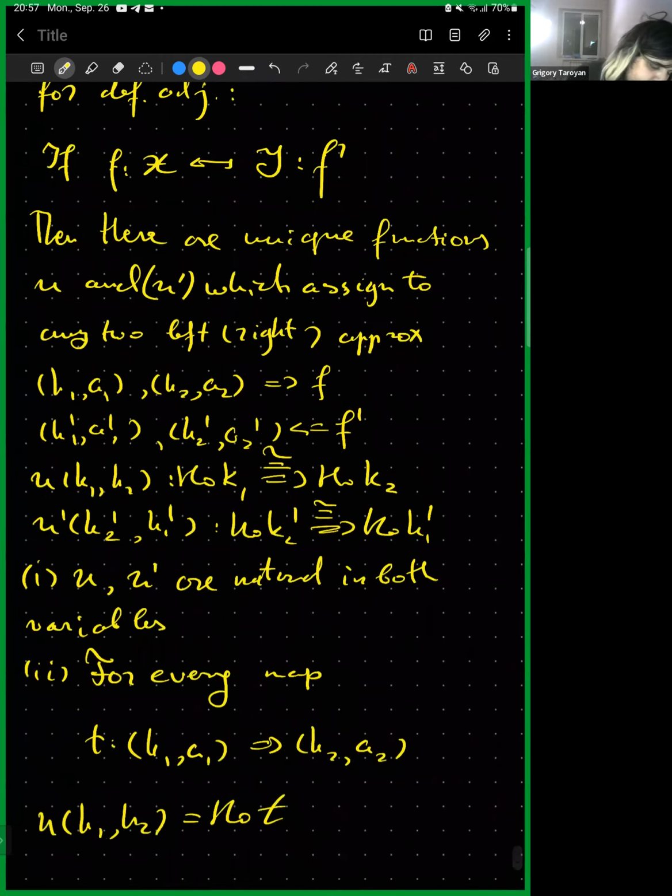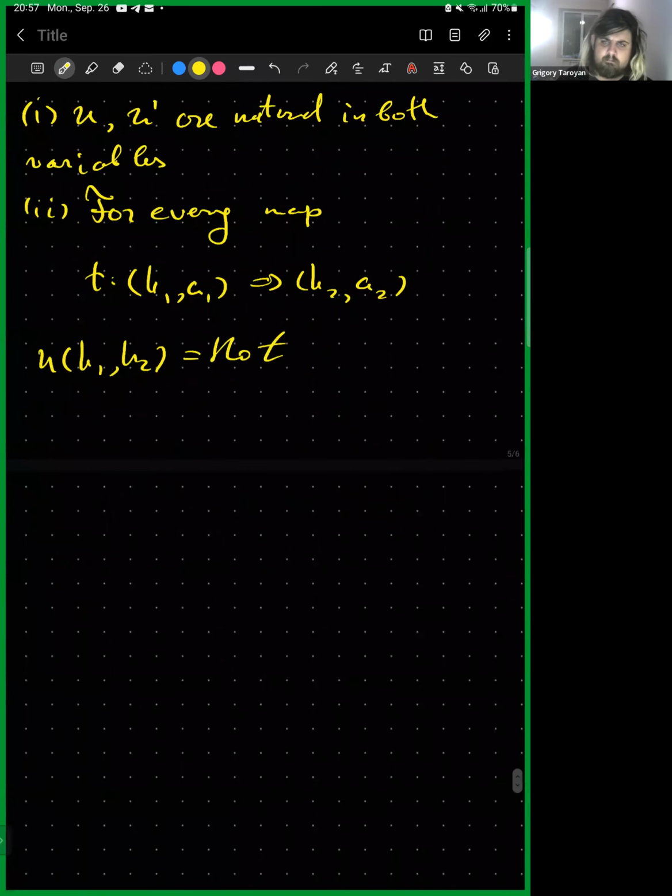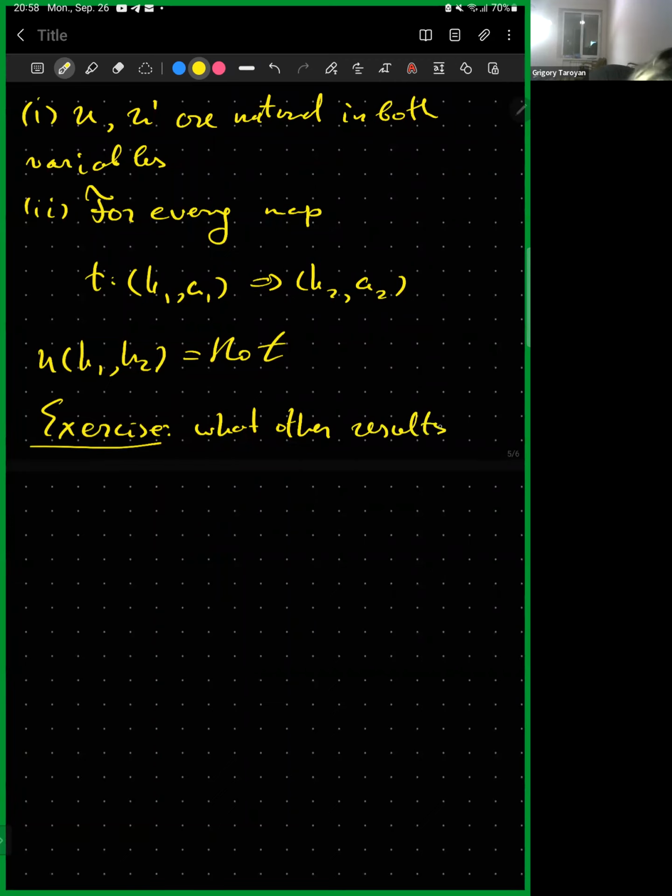We can also prove that certain other results about equivalent functors from the previous talk hold for all deformable adjunctions, but I think maybe it should be an exercise.